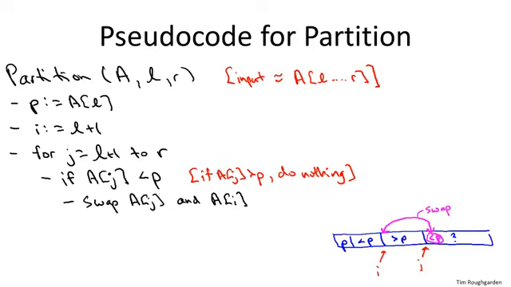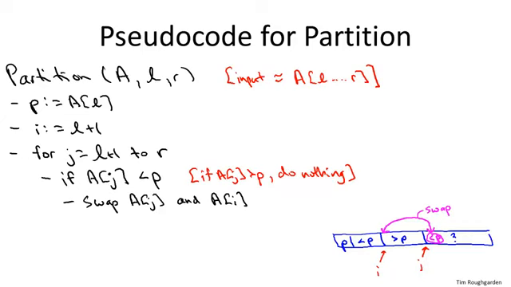So you could imagine a different implementation where you keep track of whether or not that's happened to avoid the redundant swaps. I'm just going to give you the simple pseudocode. And again, for intuition, you want to think about the case just like in the picture here in blue, where we've already seen some elements that are bigger than the pivot and the next newly seen element is less than the pivot. That's really the key case here.